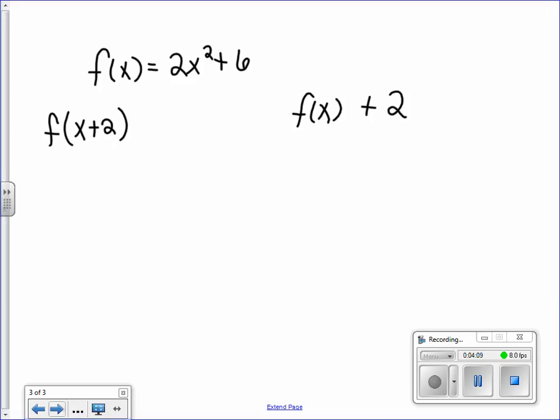Do they mean the same thing? No? What? No? Oh, you don't know how to explain it. Okay. I'm with you. Alright, what's going to happen to this x plus 2 on this problem?